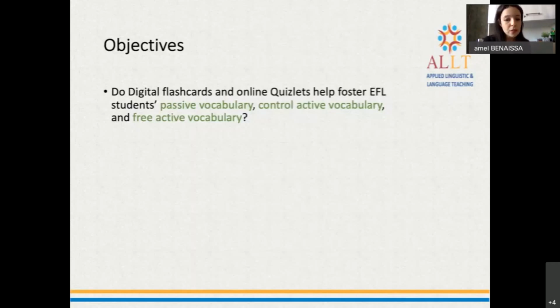For control active vocabulary, it means the ability to understand words and also be able to use them, but only in prompted tasks. As for free active vocabulary, which is really the one that the students need to master, it's the ability to use the new words that they have acquired spontaneously in conversations or when writing.